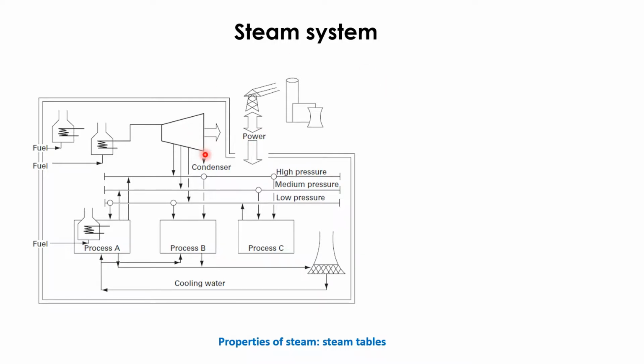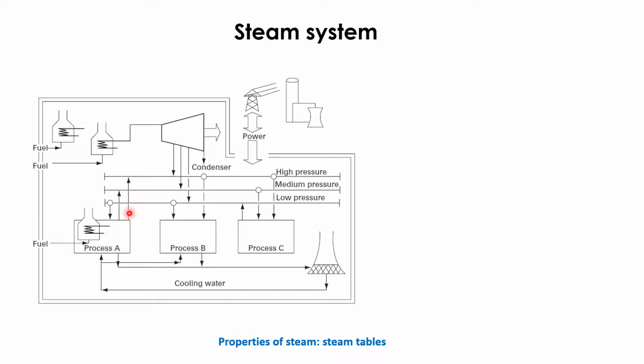Then we classify steam depending on the pressure. We have steam at high pressure, medium pressure, and low pressure. So basically this part is what we call steam distribution. See how important. And then the steam can go to the process.